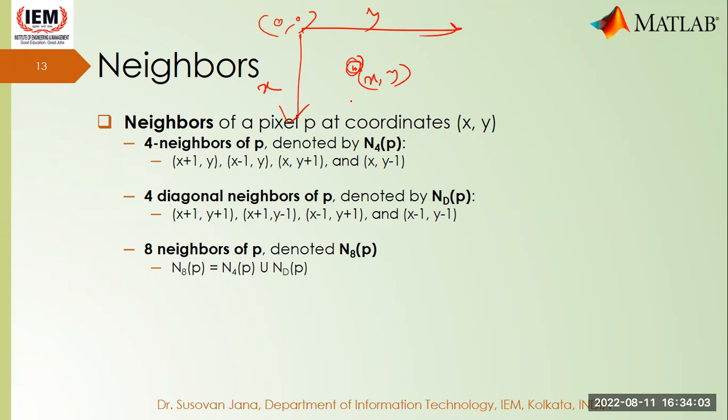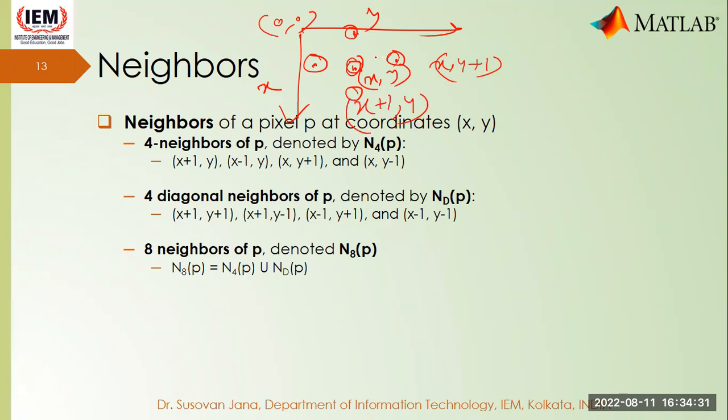This is one neighbor, this is another neighbor, this is another, and so on. Here this is the east one. It will have the coordinate x, comma y plus 1. The south part will have the coordinate x plus 1, comma y.